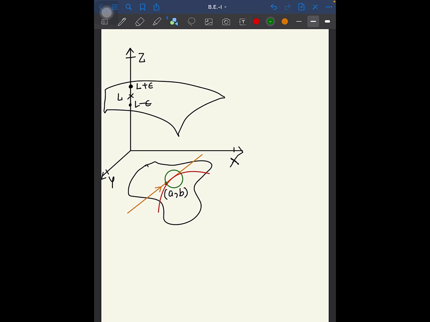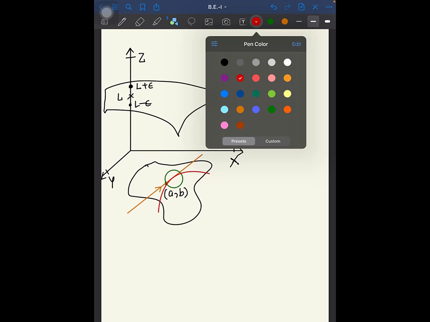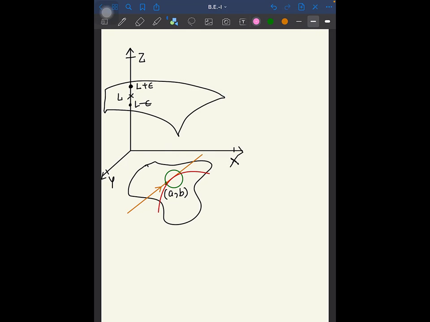Or it may be a cubic curve, right? Or any different curve. So here you are not restricted to two directions. There are many directions, right? We'll be talking about this thing in the next lecture.